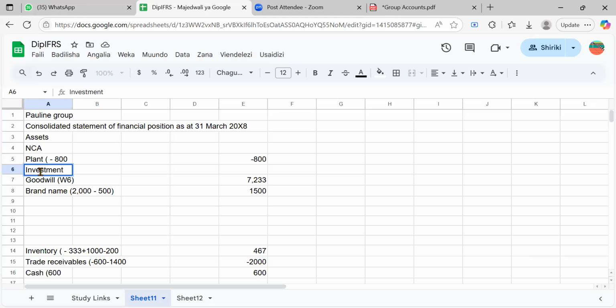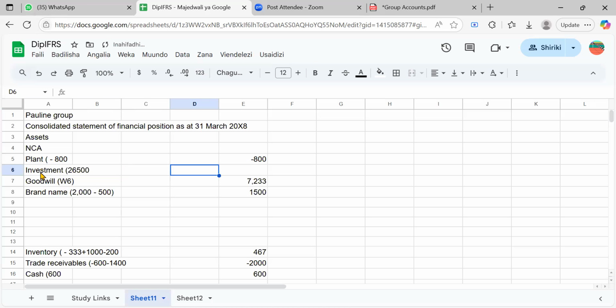Sometimes in an exam, you have the normal investment, the investment in associate, and the investment in a subsidiary. So you could just say investment. Write the investment, and our figure is 26,500. I'm presuming that I'm not going to change anything.